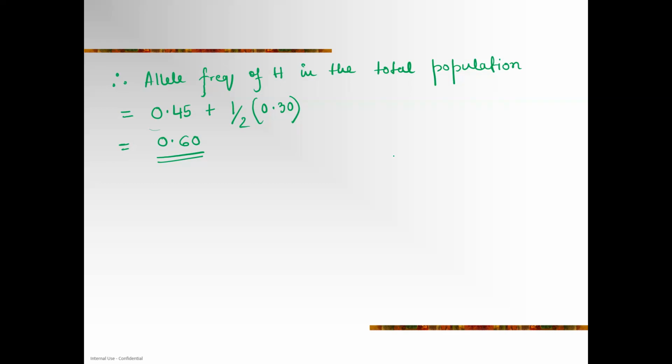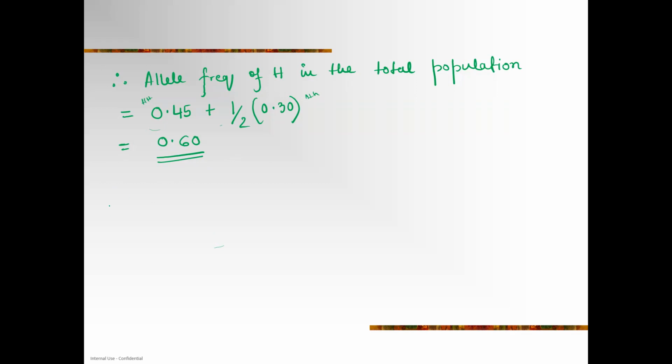See here, genotypic frequencies of both capital H capital H and capital H small h are considered. Everything is considered here. Fine. Okay. Now, the story doesn't end here.